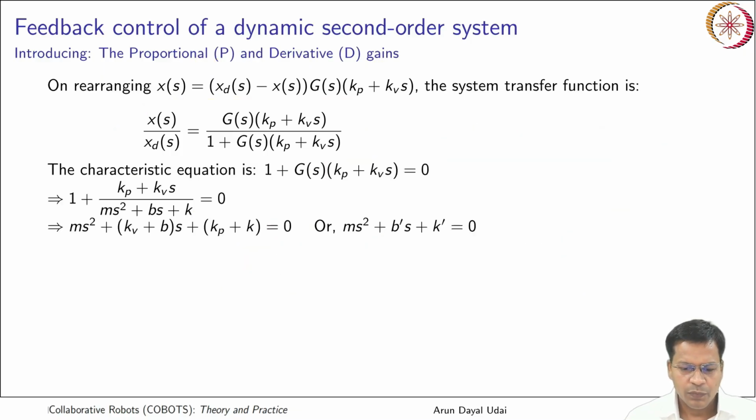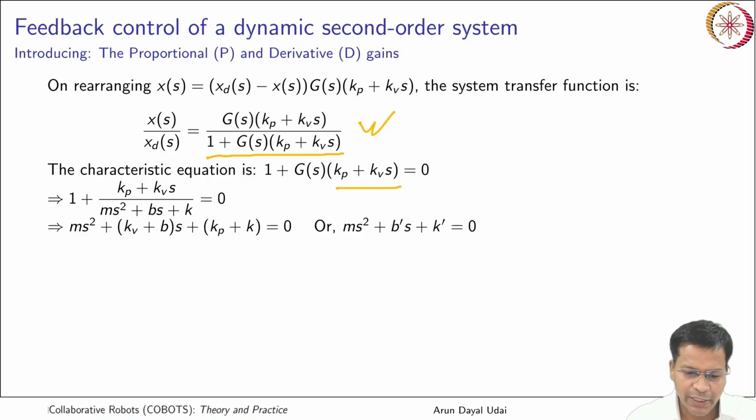Now the characteristic equation for this is found by equating the denominator to zero and finding the roots, that is, finding the poles. So that goes like 1 plus GS times (Kp plus Kv s). And GS is 1 by (ms square plus bs plus k).